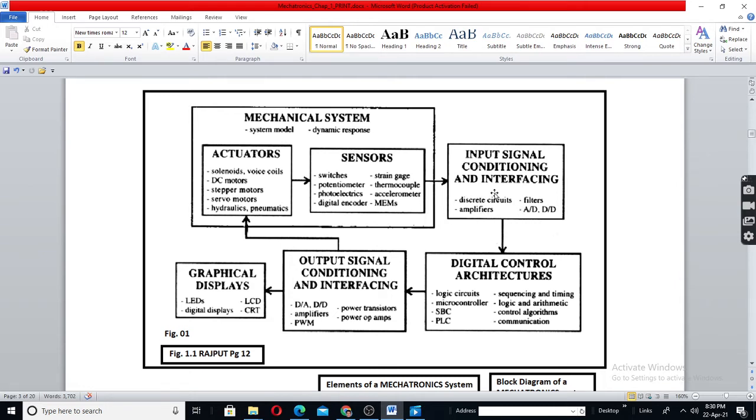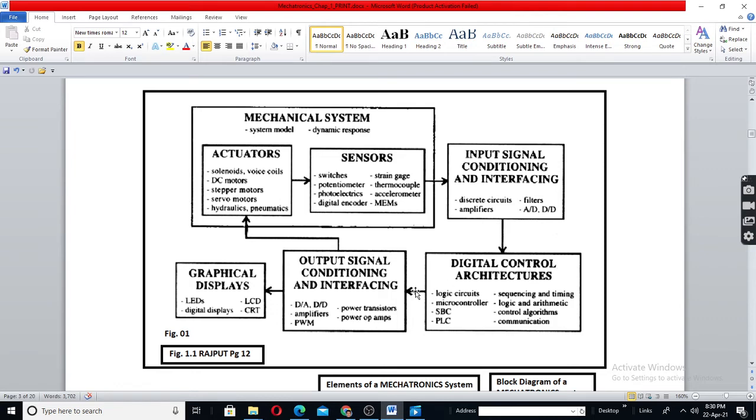So all these things are there. AD conversion or DA or these things are there. Now here the control algorithm techniques are there.